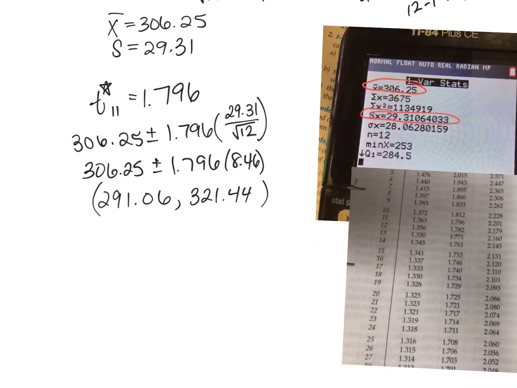Okay, so this statement's not different from last chapter. Oh, it's not 95%, it's 90%. The only difference is we're talking about a true mean, not a true proportion. We're not talking about proportions now, this unit. We're talking about means.